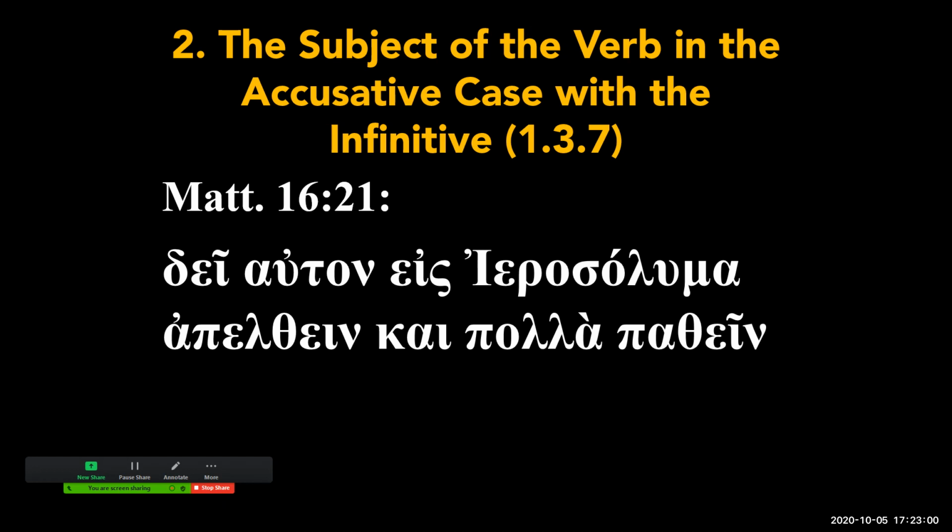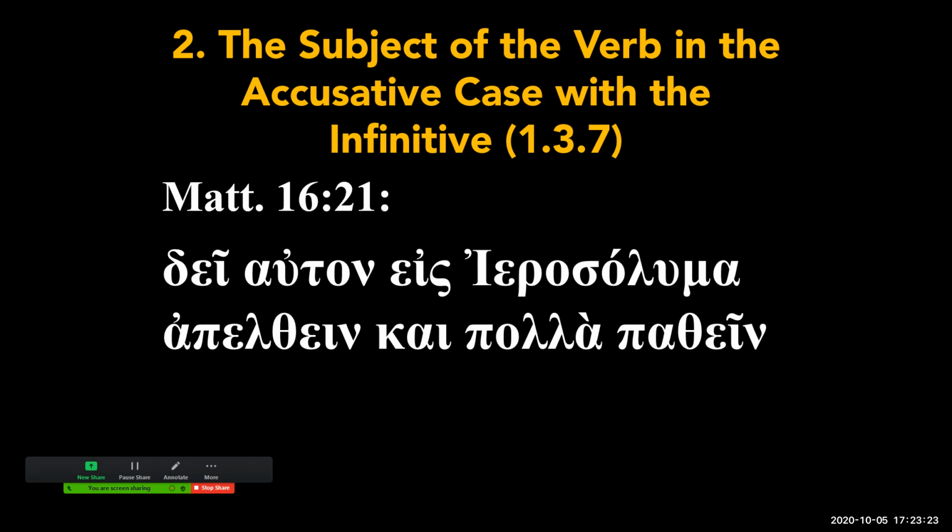And the reason it's the subject, it won't always be so visible, but it's the subject because dei really makes it a subject. It is necessary. What is necessary? The object. It is necessary for Jesus to go down to Jerusalem. It is necessary.